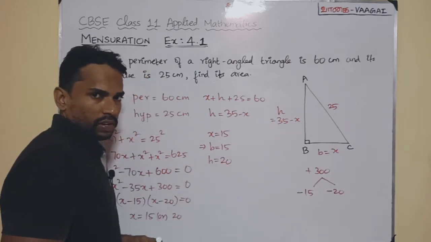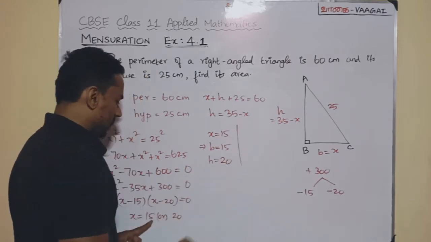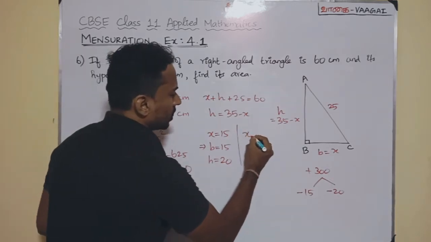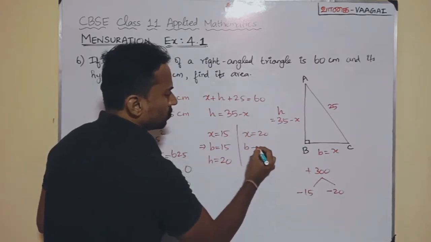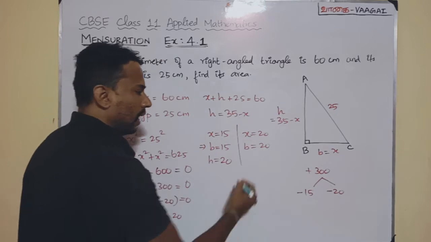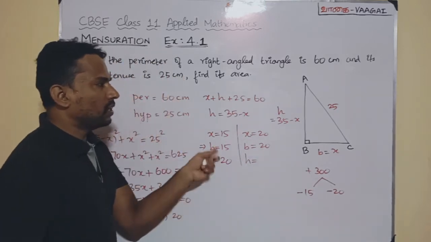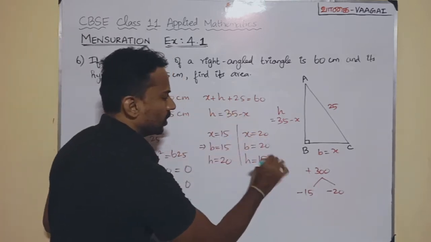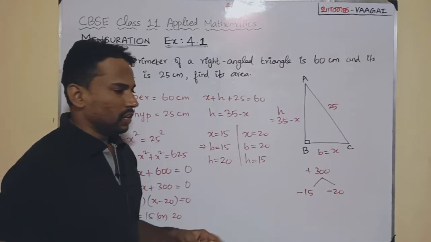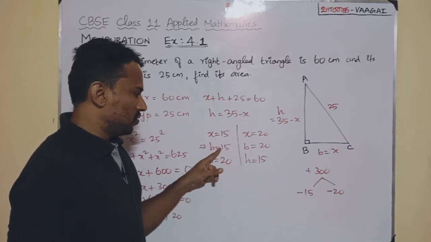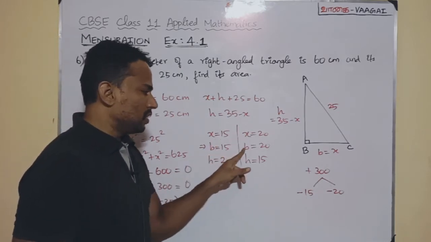Now on the other hand, if I take x as 20, base will become 20 and height will become 35 minus 20, which will give you 15. But either way, you see the values. If base is 15, height is 20. If base is 20, height is 15.